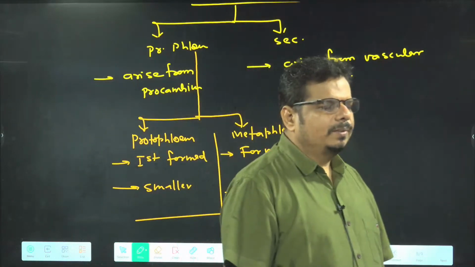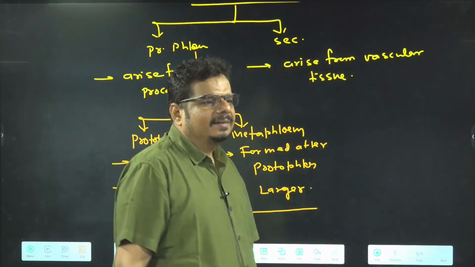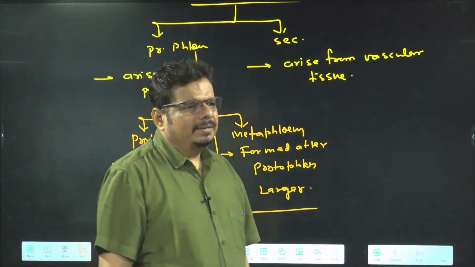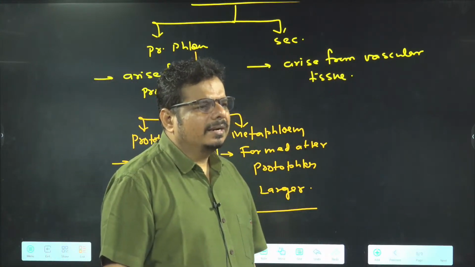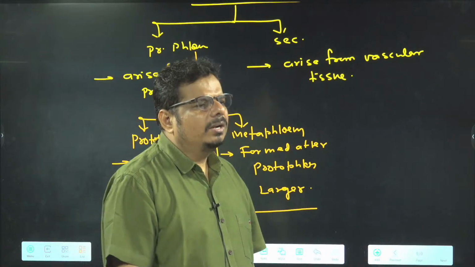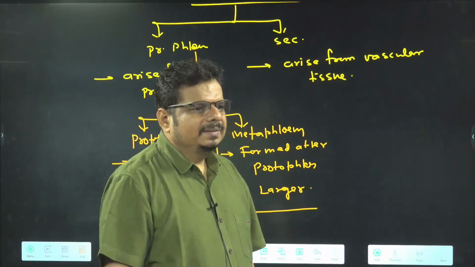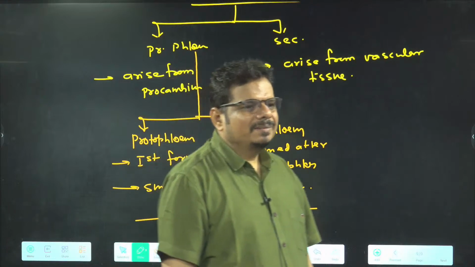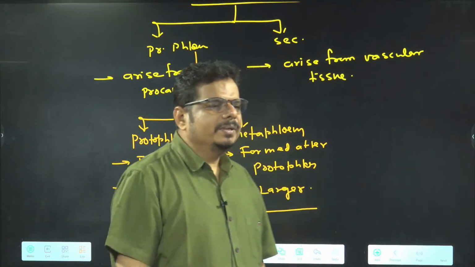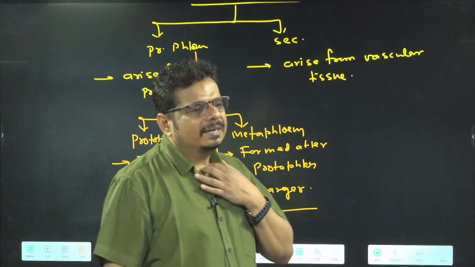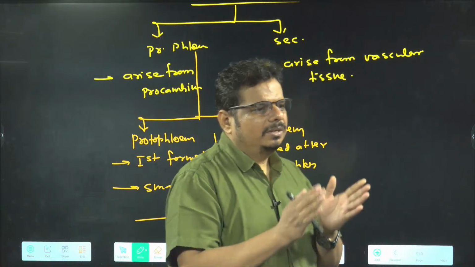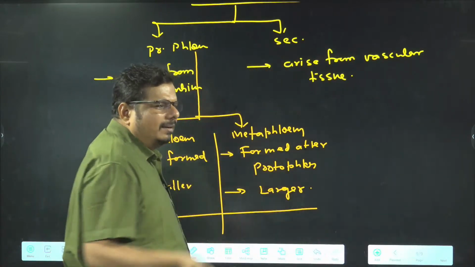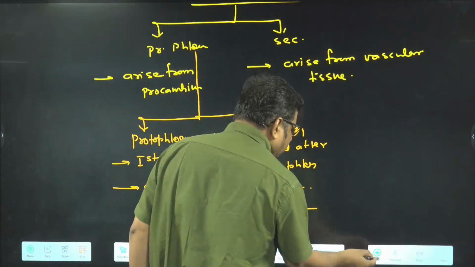Vascular tissue is over. Clear? Keep in mind, tracheids and vessels, the conducting part of xylem, are together called hadrome, and the sieve tube, the conducting part of phloem, is called leptome. Simply keep it in mind, it is not in NCERT, it will not come in the exam, no need to worry.